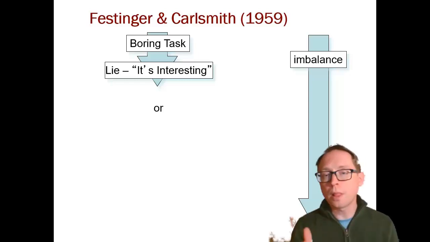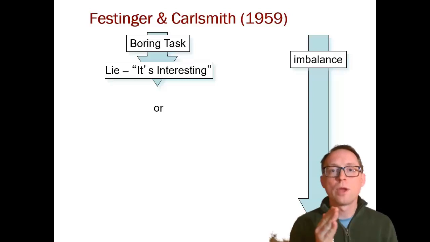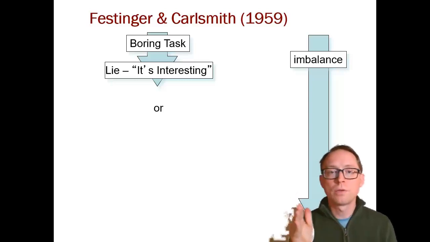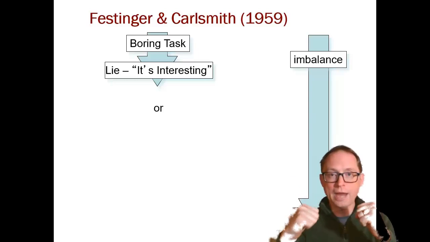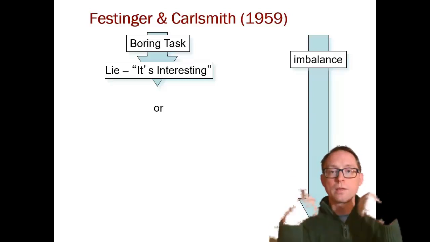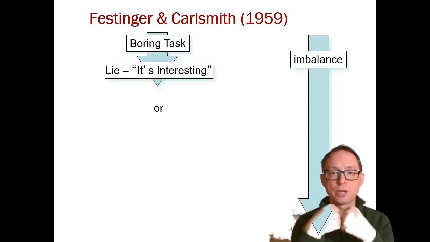They were induced to comply: hey, you need to do this for us, will you please do that? So I induce you to go lie, and then you perform the counter-attitudinal behavior. Performing a behavior that goes against what you really think clashes and creates the imbalance.